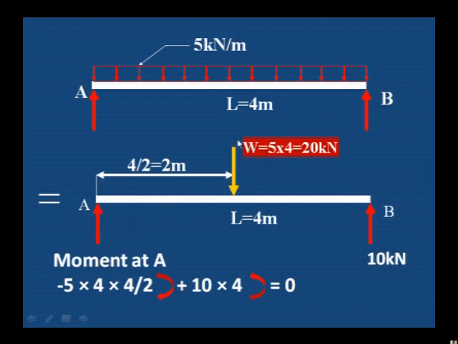Therefore we can make a simplified diagram of the uniformly distributed load as a concentrated load. Then we can calculate the moment. Moment at A is equal to minus 5 into 4.